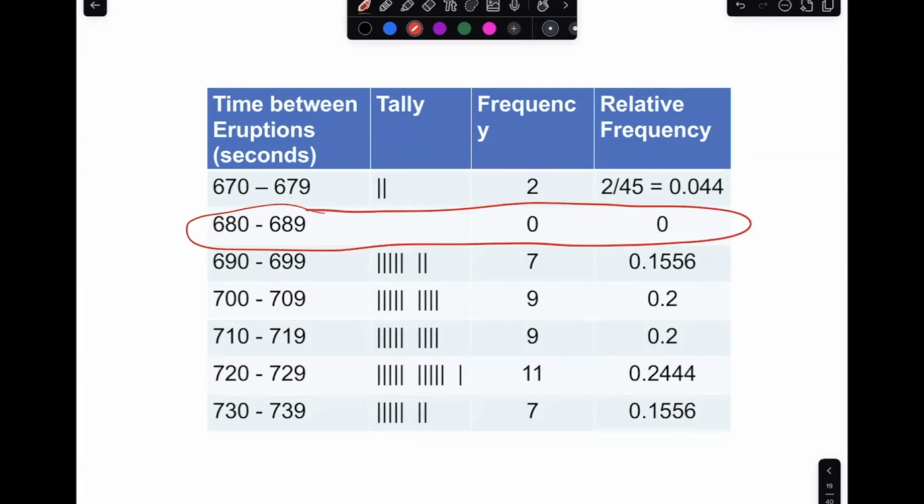But if I ended up with 3 bins in a row that were 0, I would want to change my bin width so that I don't have this big weird gaping hole in the middle of it. Remember, we want it visually appealing. So if I had, let's say, 1 there and another 0 here, that's okay. But I don't want to have 3 zeros in a row. I want to have it visually appealing, as I said.